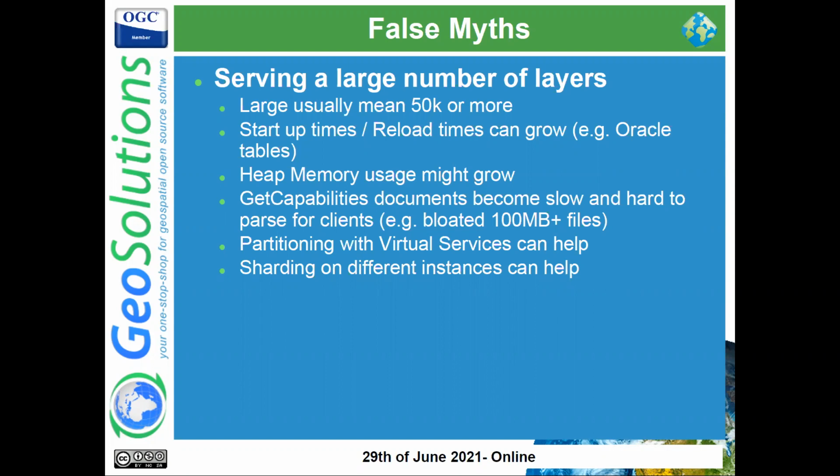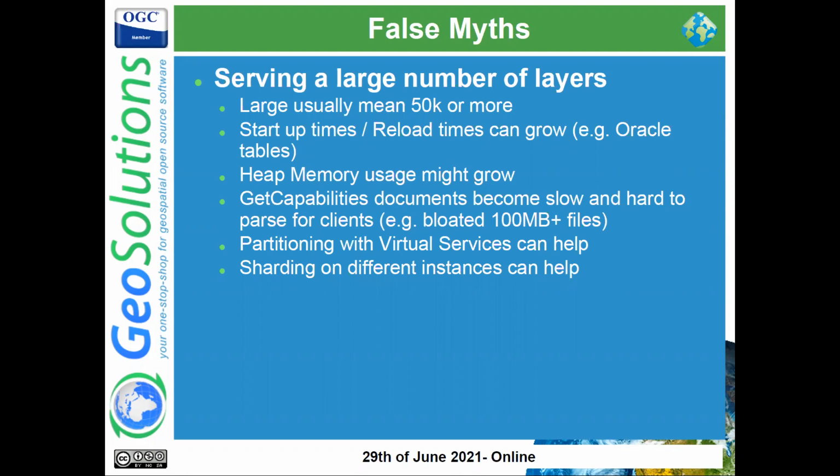There are some workarounds for these scenarios, like partitioning with virtual services or workspaces. It's documented in the online documentation of GeoServer. Also, sharding on different instances is another option available to you.